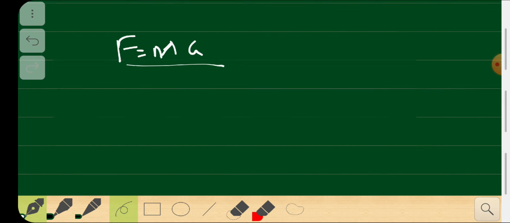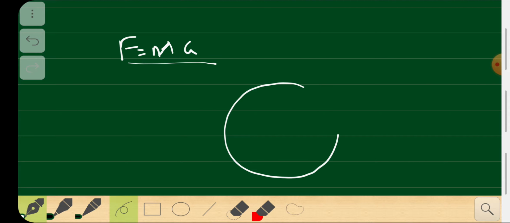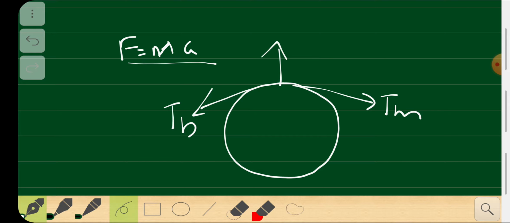So for that, you assume this surface, and there is tension, and there is this angle. So there is tension of the boy, and then there is tension of the mass, right? There is a normal force on the surface, and then there is frictional force on the surface, right?